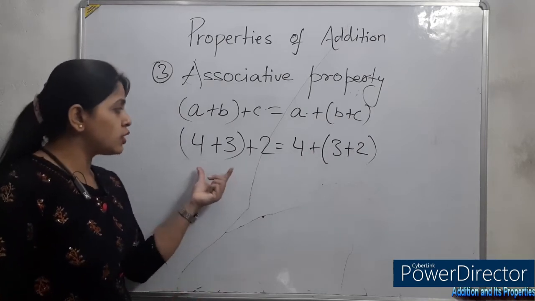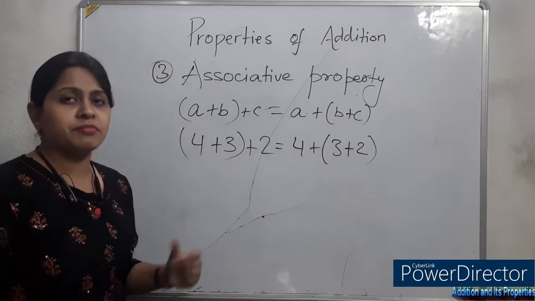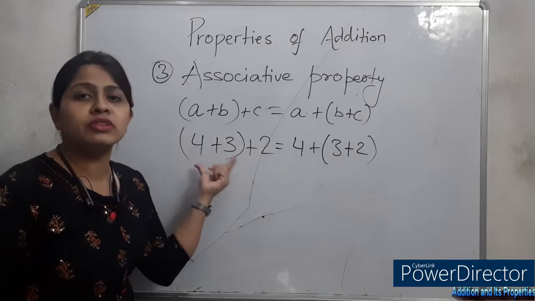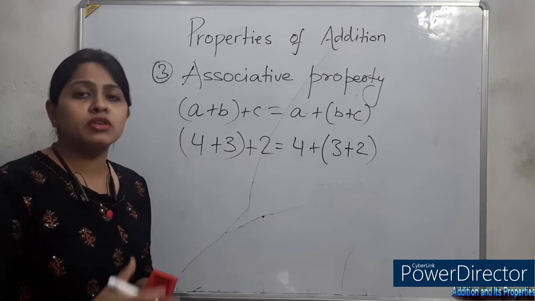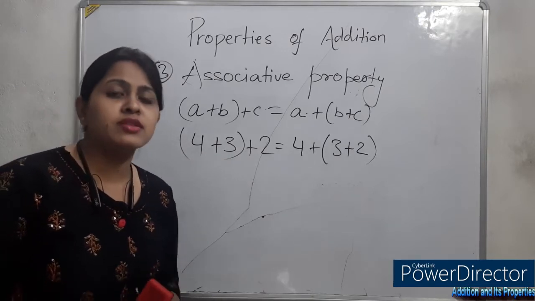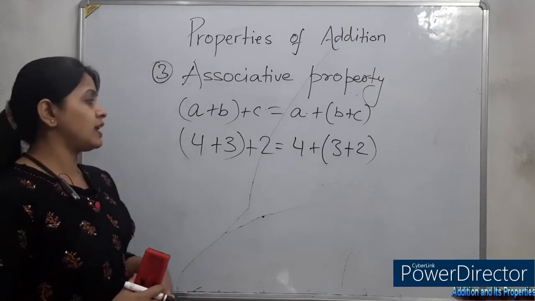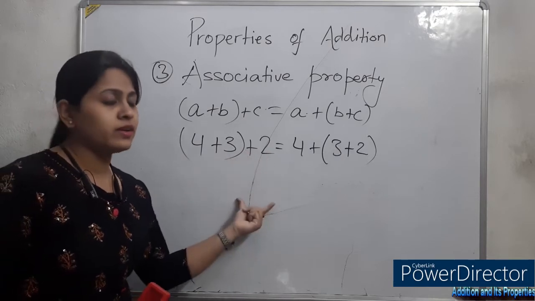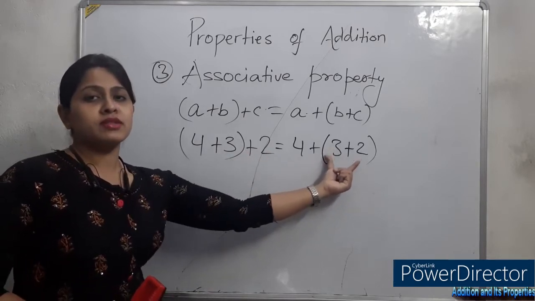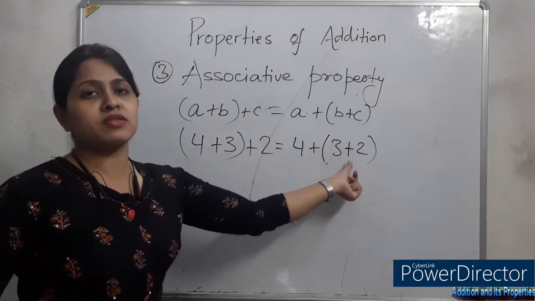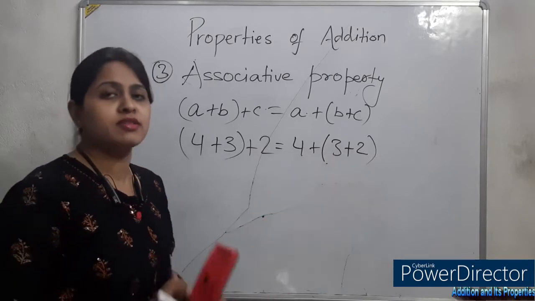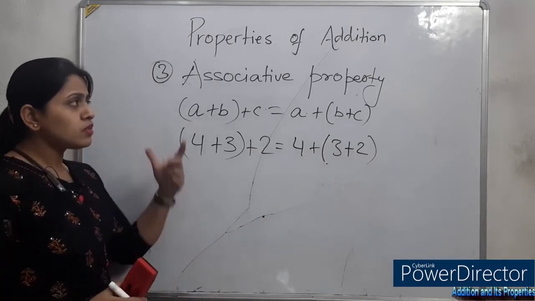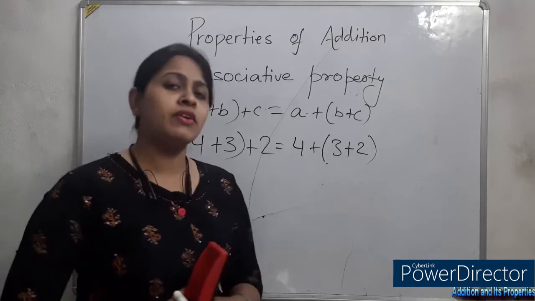As I have told you in the simplification chapter, before going to the order of operations, our first step is to remove the bracket. So when we remove the bracket, 4 plus 3 is 7, 7 plus 2 is 9. Here also, first we remove the bracket, 3 plus 2 is 5, 5 plus 4 is 9. Our result will be the same. So this is the main property of addition.